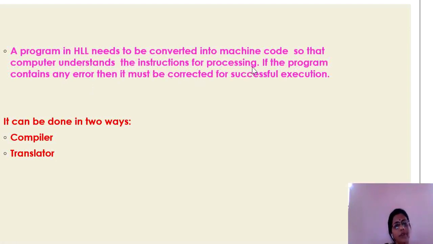Suppose I say System.out.print a plus b, the computer will not understand what is print, what is a, what is b. So there will be a translator to tell it, okay, you have to add these two and then print. If the program contains any error, it must be corrected for successful execution.